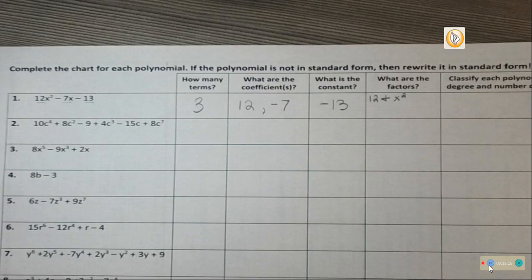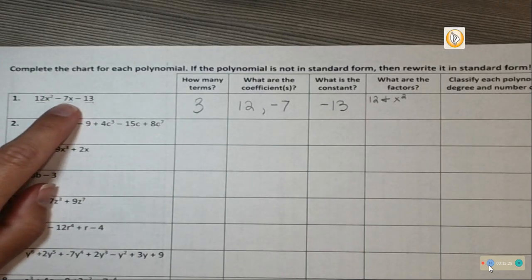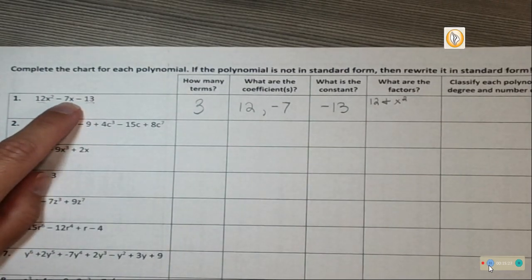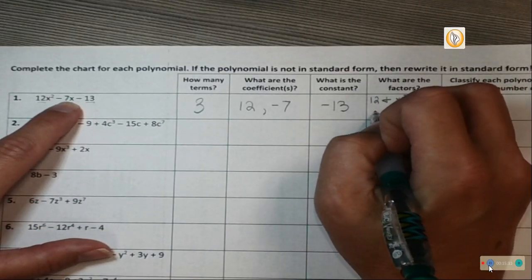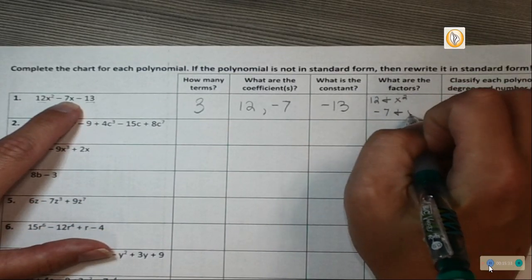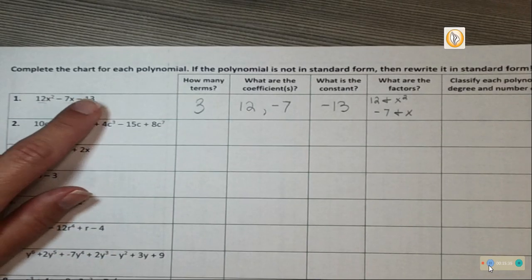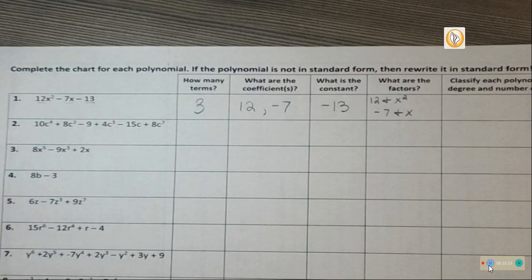So technically it's 12, x, and x. But we're not going to be that technical. You have two things multiplied together right here. You have negative 7x, and technically what does that mean? It's negative 7 times x, so those are factors. 13 is not a factor because it's by itself, it's a constant.